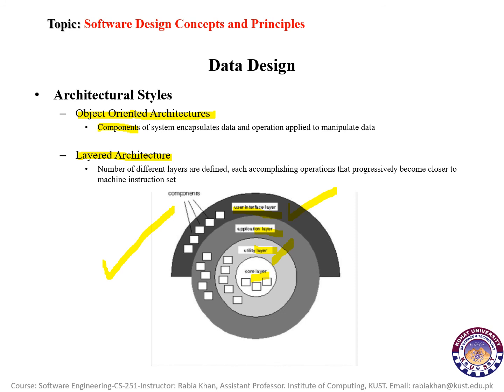Intermediate layers provide utility services and application software functions. So the second layer is responsible for interacting with your operating system, and the next lower layers are mainly responsible for providing utility services to the user and generating specific application software functions.